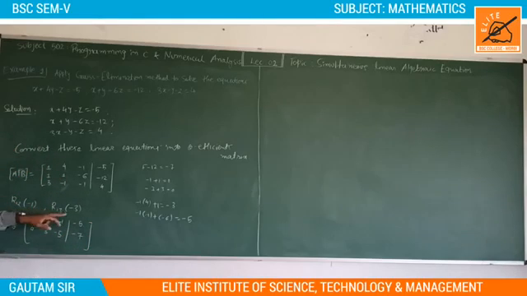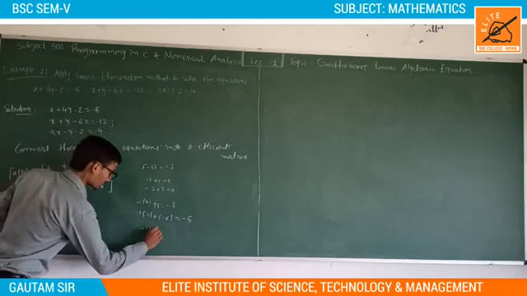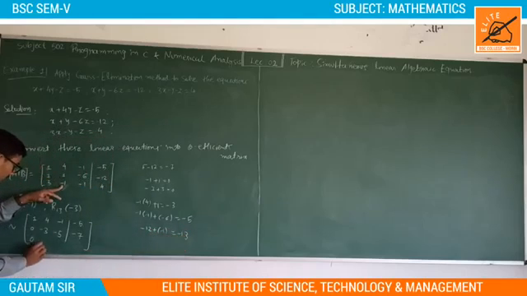Similarly, the first row is multiplied by minus 3, so that term is 0. 4 into minus 3 is minus 12, plus minus 1 is equal to minus 13. So here is minus 13.